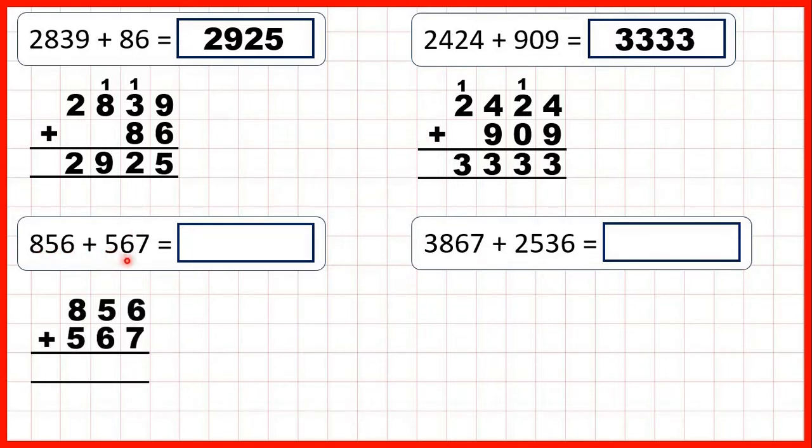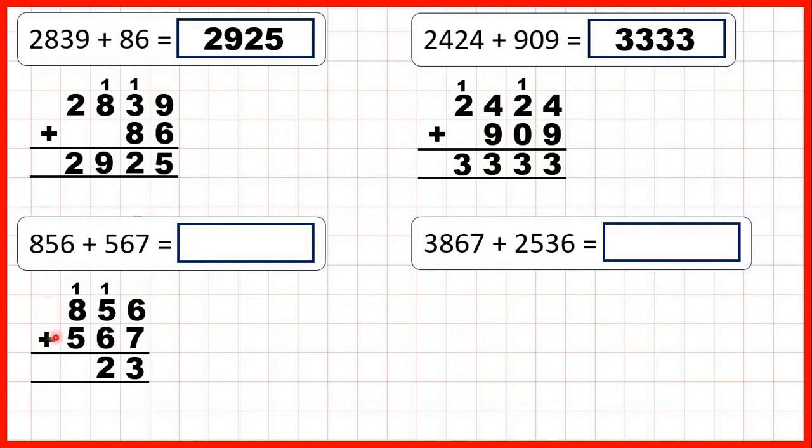856 plus 567. 6 plus 7 is 13, so 1, 3. 1 plus 5 plus 6 is 12, so 1, 2. And 1 plus 8 plus 5 is 14. Now normally, if we get a 2-digit answer, we write the first digit above the next place value column along.